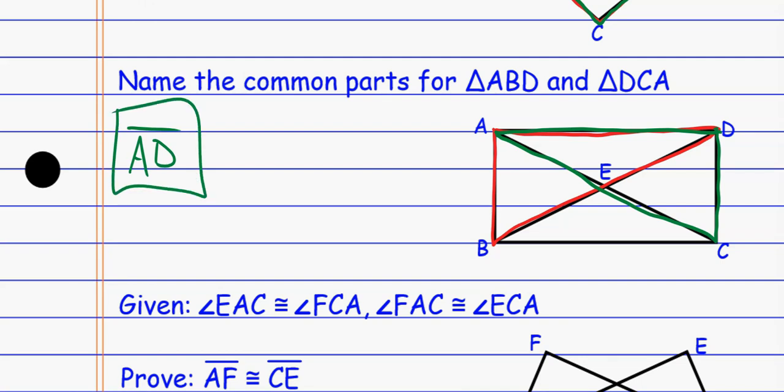AD is the one they have in common because it's an entire side that both of them have. This one doesn't really have any other overlapping pieces. We might look at something like point E, but again, we're only talking about angles and sides that they have in common.